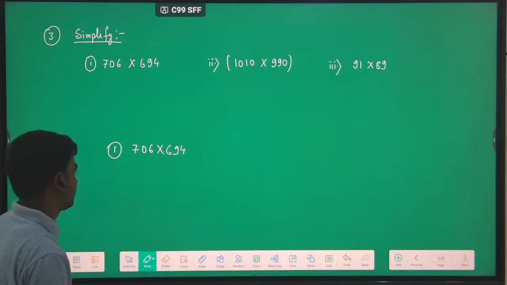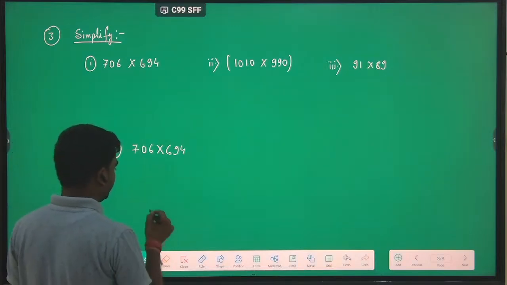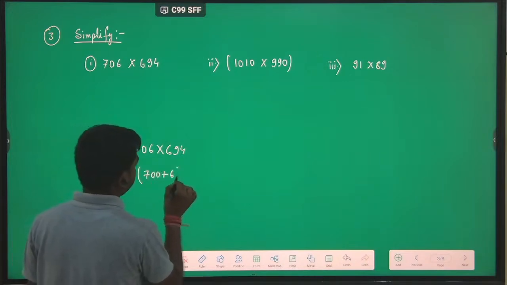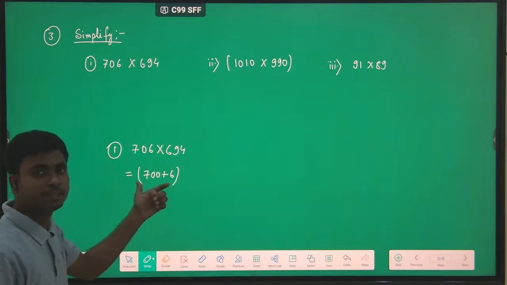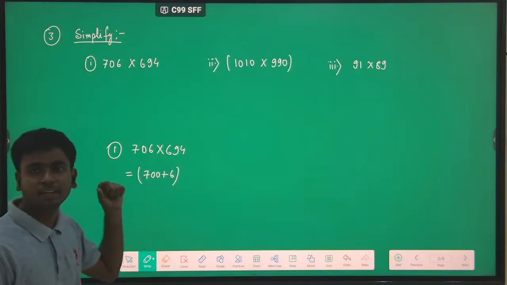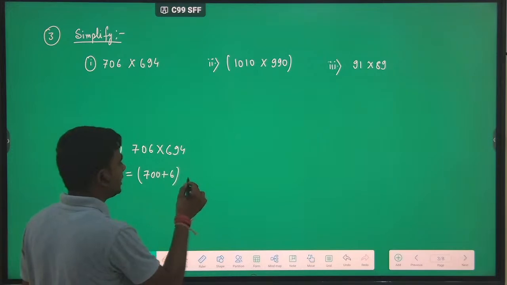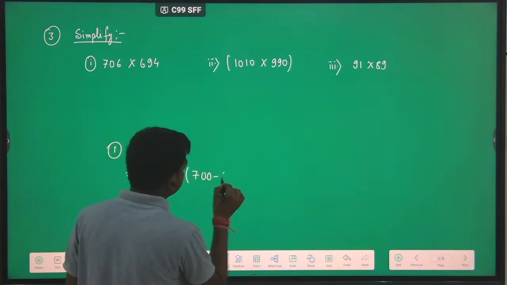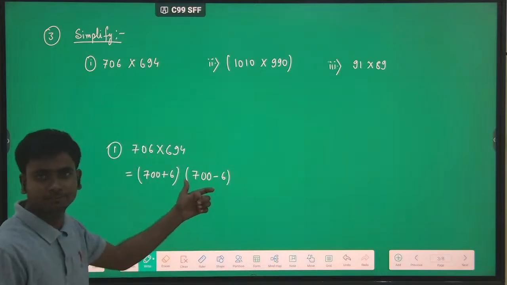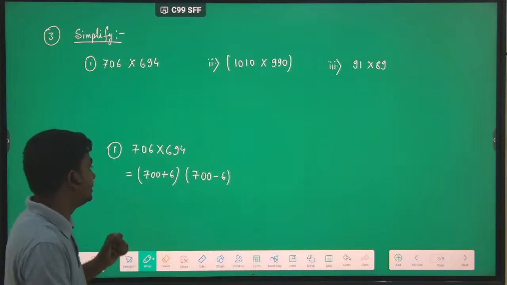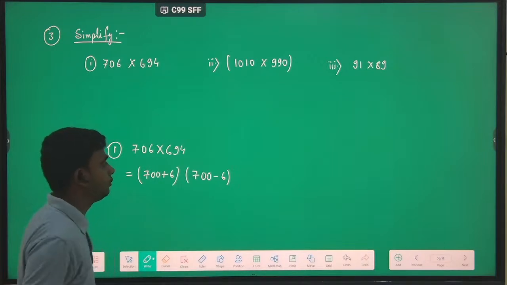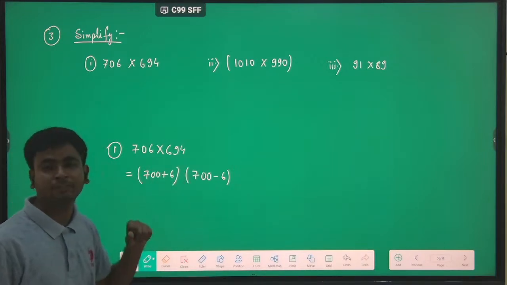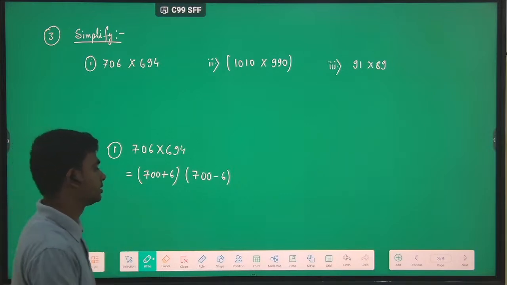This 706 can be written as 700 plus 6, in terms of the nearest 100. And this 694 can be written as 700 minus 6. So this 706 into 694 can be written as 700 plus 6 multiplied with 700 minus 6.